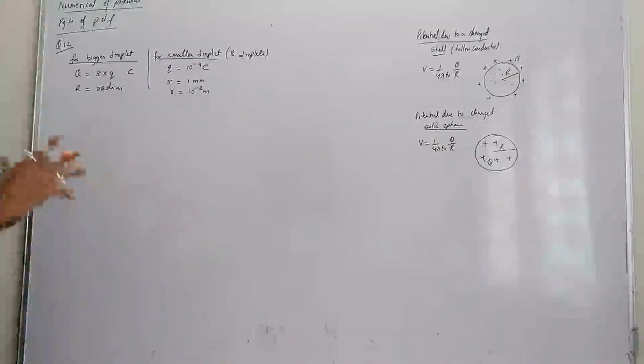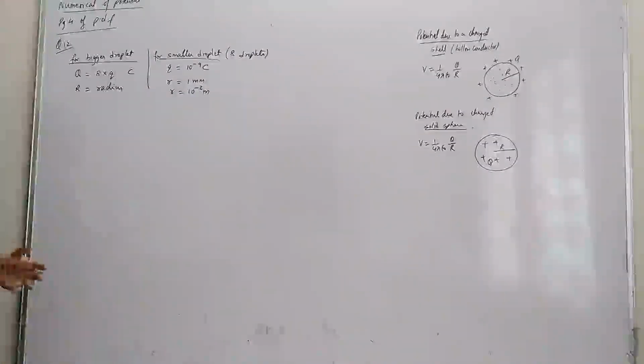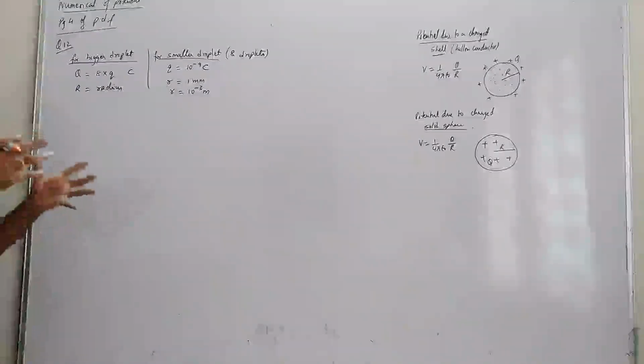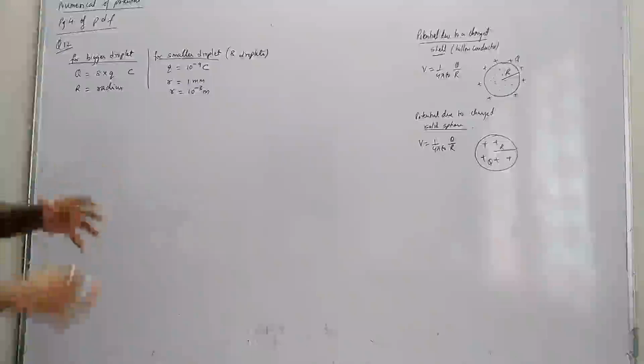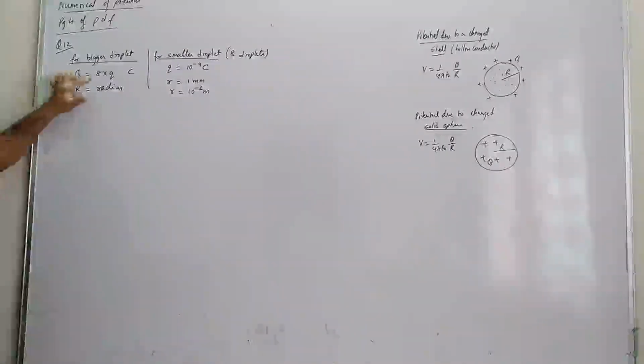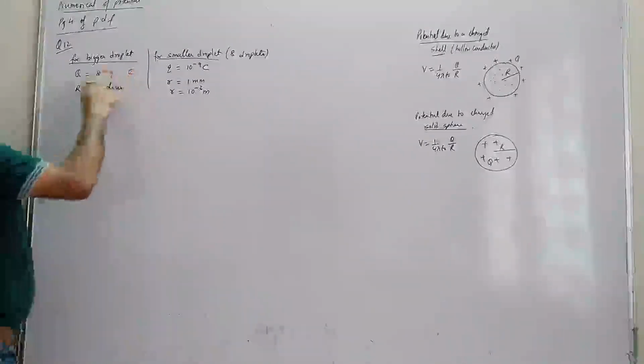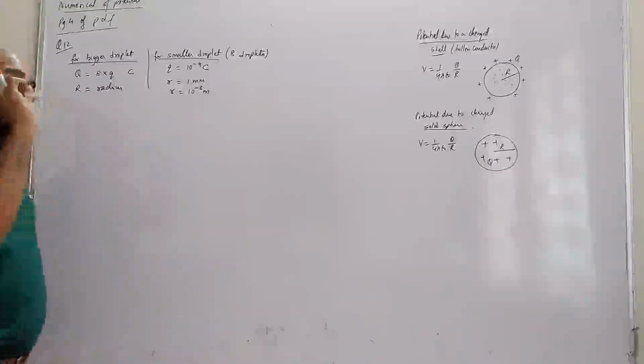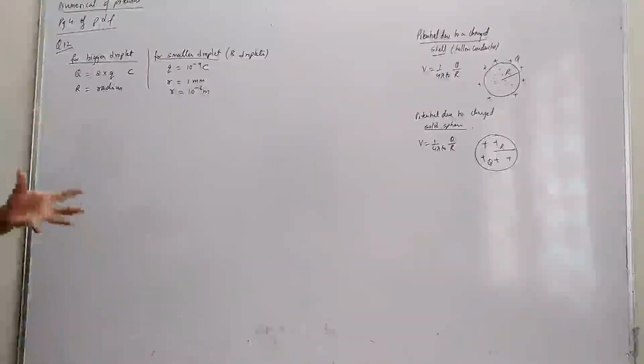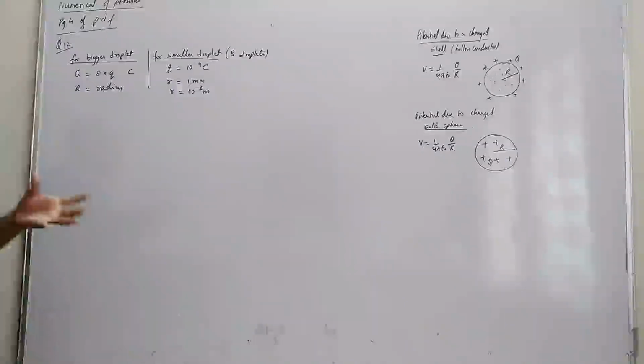By conservation of charge, charge never goes anywhere. Charge is always conserved. The charge before will be the same as after. So first we have 8 droplets, they combine to form a bigger droplet. What is the charge of the bigger droplet? 8 into Q coulomb. You understand why 8? Because there is conservation of charge. It's a universal law.